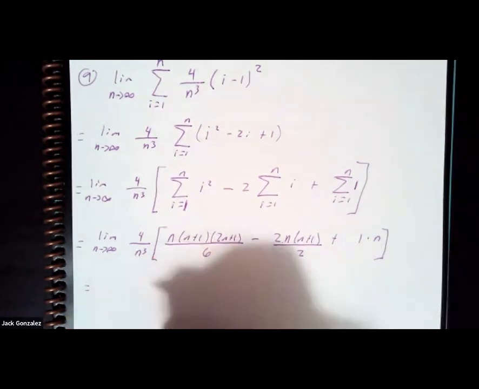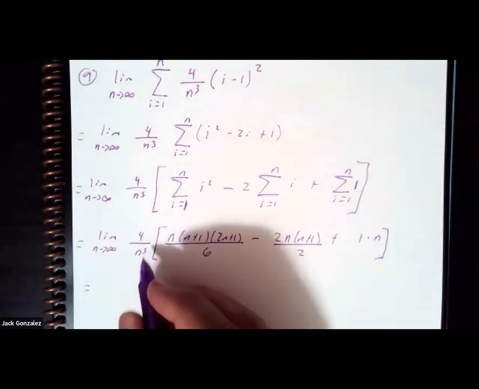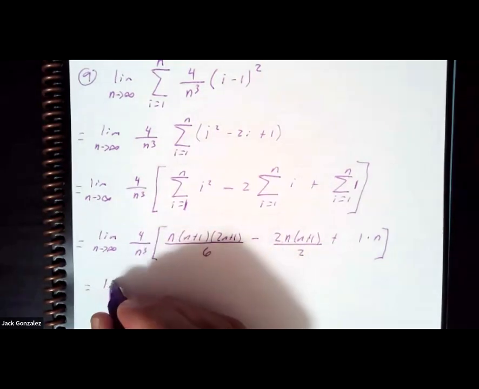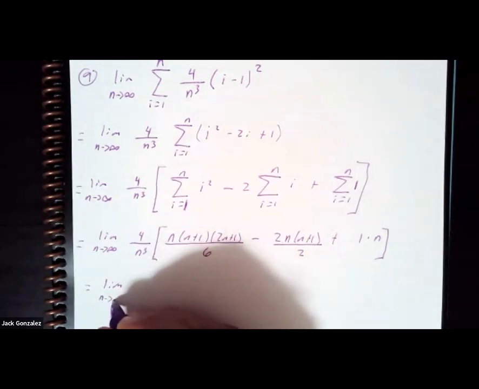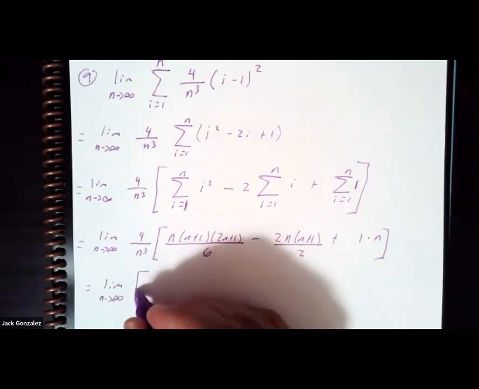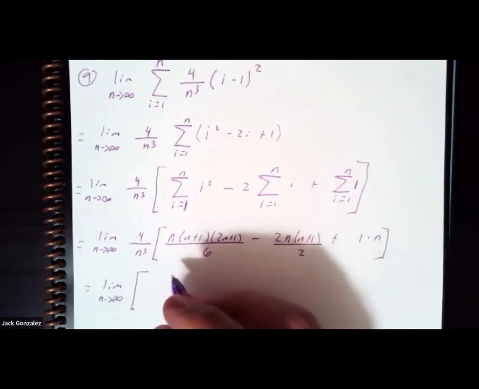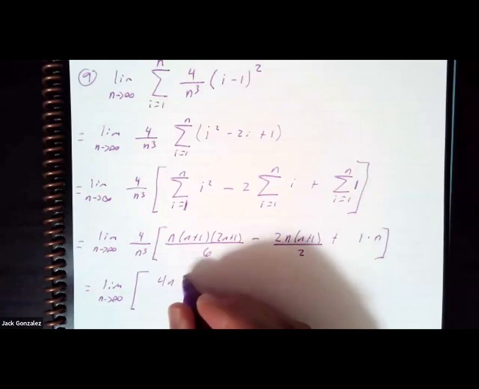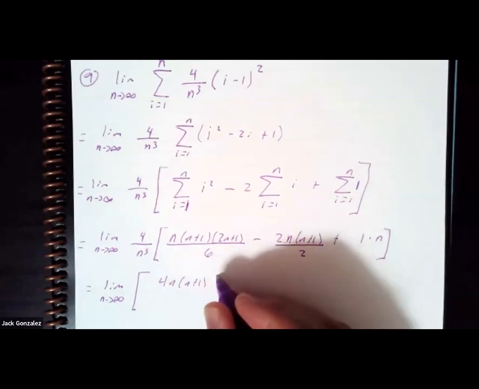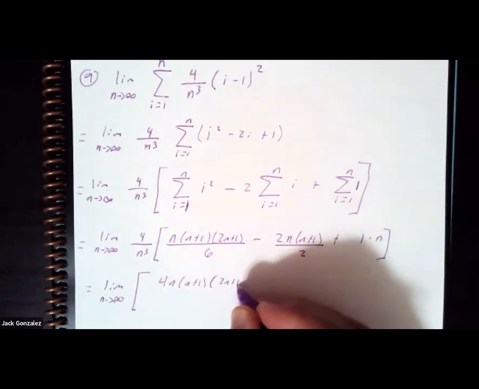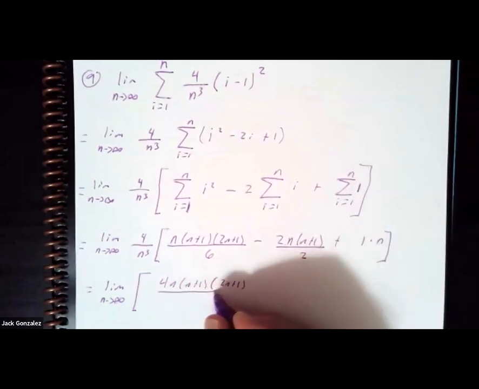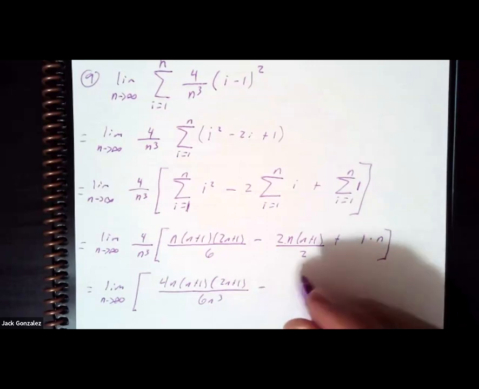So if I were to multiply it in, this 4n cubed, and then take a limit, we can use the idea of degrees or L'Hopital to help us out.